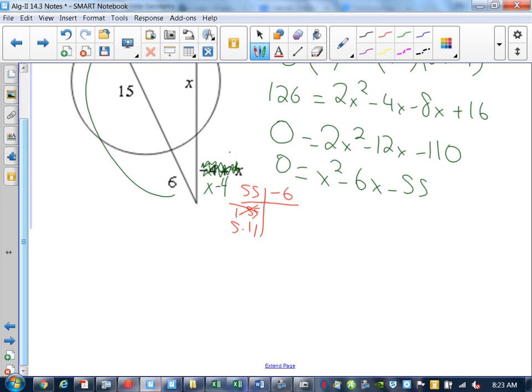Even though it seems like a larger number, there aren't that many factors of 55 to worry about. So you wind up with a negative 11 and a positive 5 for your terms. So it's x minus 11 and x plus 5. Those terms, the things in parentheses, generate zeros. The zeros of this then become 11 and negative 5.